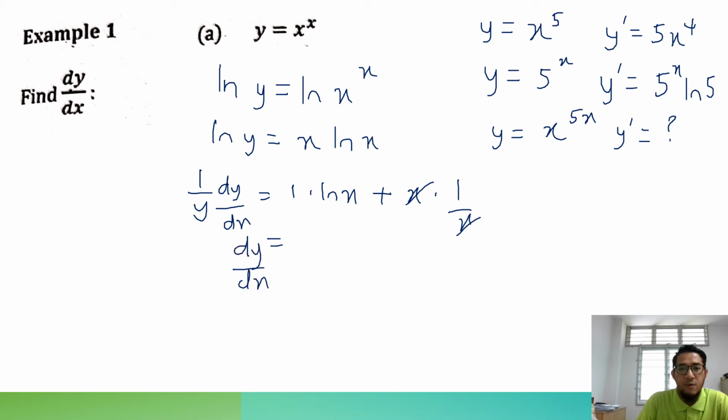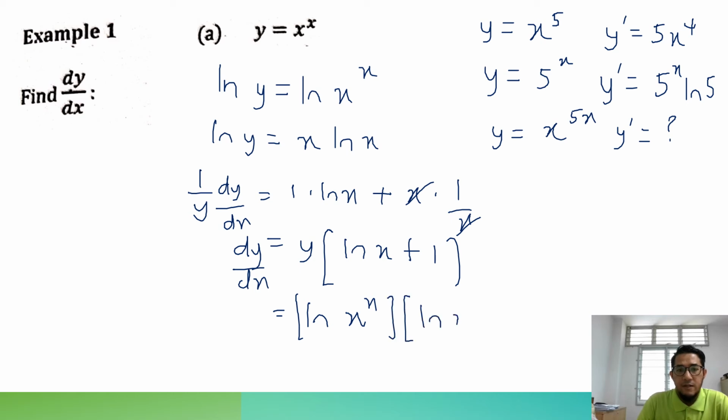You bring y to the right side, so dy/dx equals y times ln x plus 1. Then don't forget to substitute back what y is. So here we have x power of x times ln x plus 1. This is the final answer for this example 1.